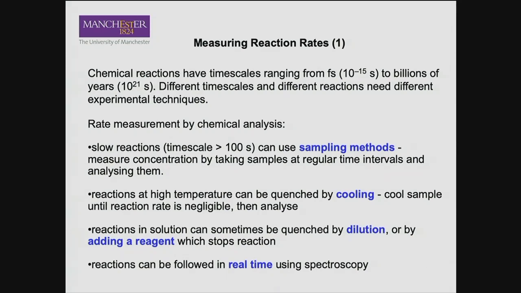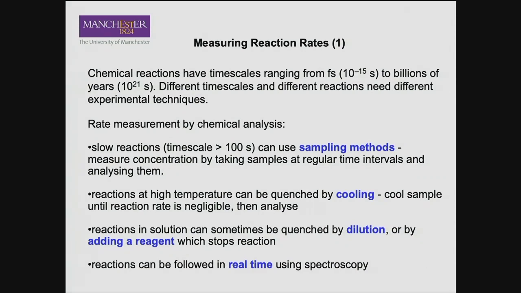That then brings me on to the issue of how you deal with chemical reactions that can range in timescales from femtoseconds, so 10 to the minus 15 seconds, things like the first steps of photosynthesis, to billions of years.